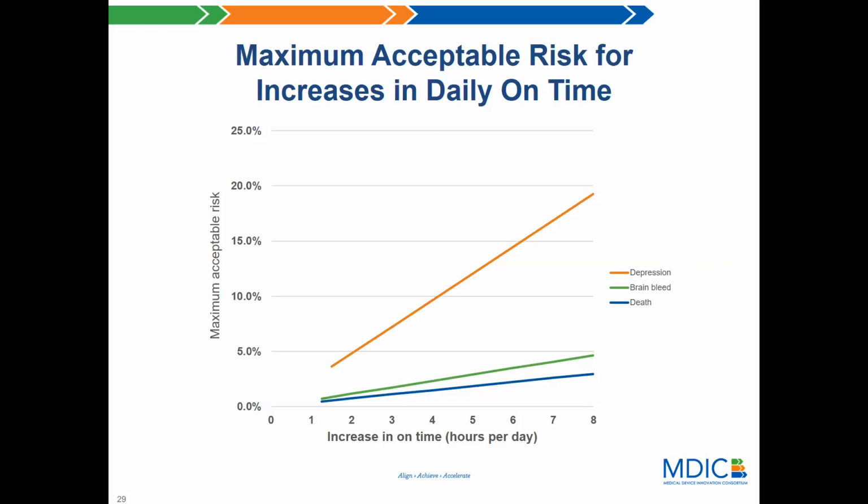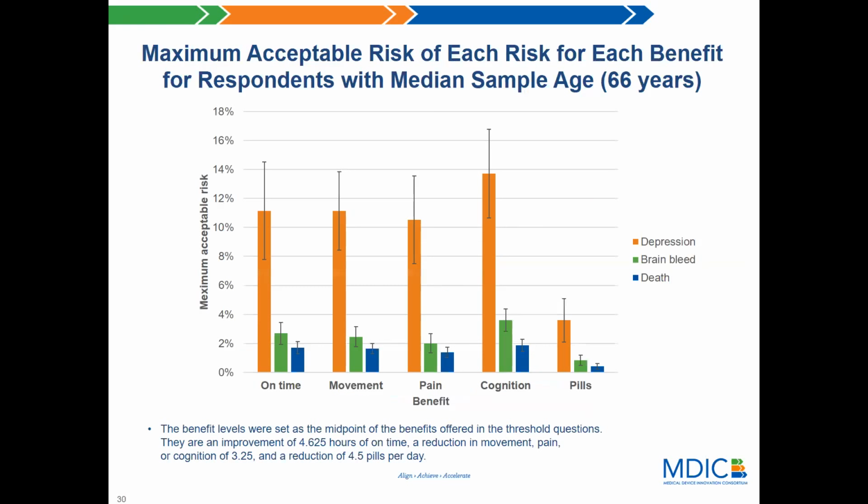So in general, what we found, and we expected to find, is that risk tolerance increases as the benefit increases, and risk tolerance is higher for new or worsening depression than it is for brain bleed, and the risk tolerance for brain bleed is higher than the risk of death.